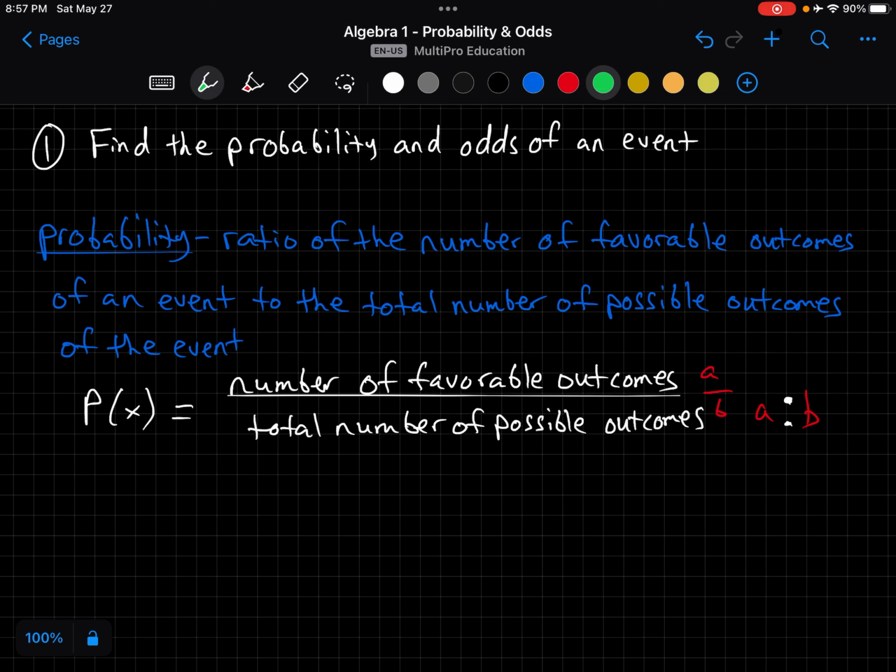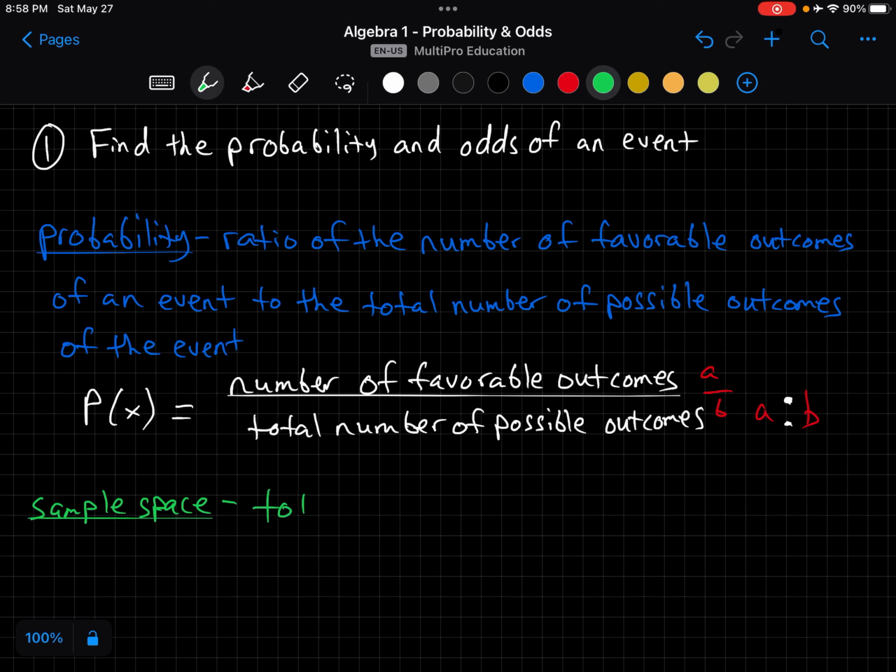Let's talk about another definition, and that is sample space. When you go to the grocery store and they offer you some samples, sometimes you want to take it, sometimes you don't. And sometimes there's a lot of space, and sometimes there's not. But we're not talking about grocery stores here.